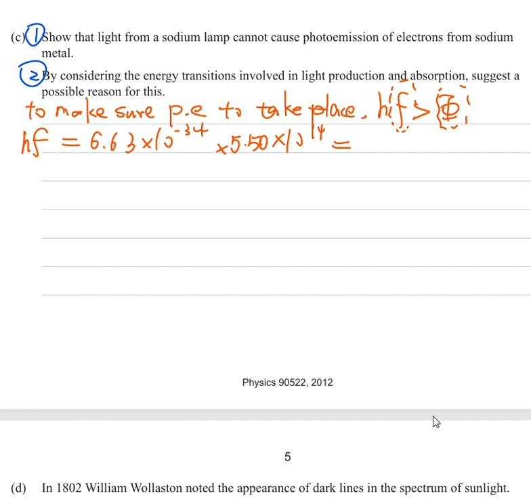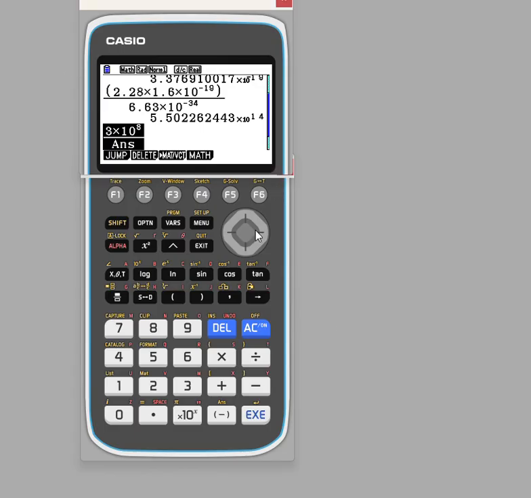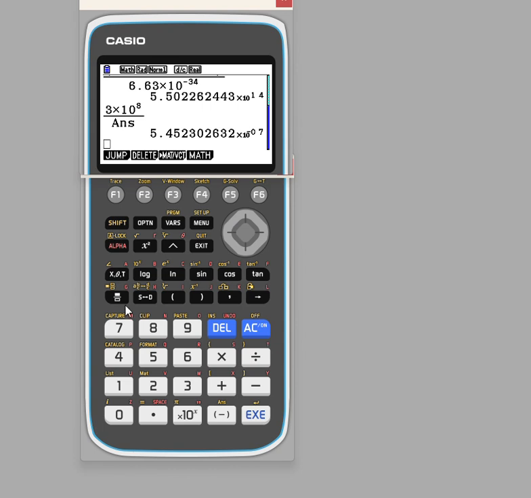Let's use our calculator again. 6.63 times 10 to the power of negative 34 times 5.50 times 10 to the power of positive 14.